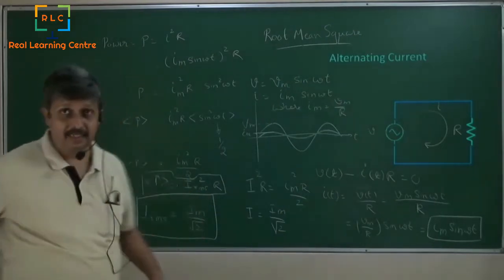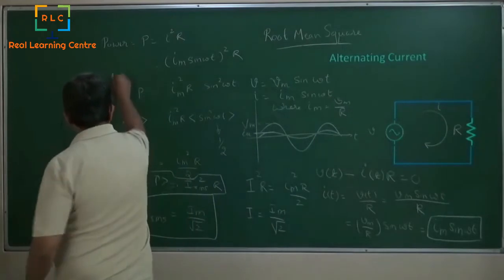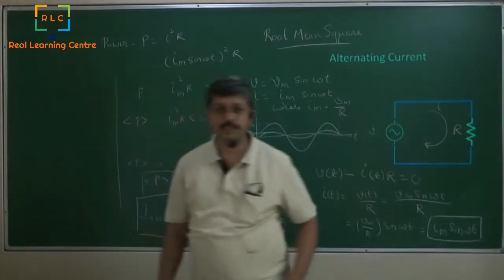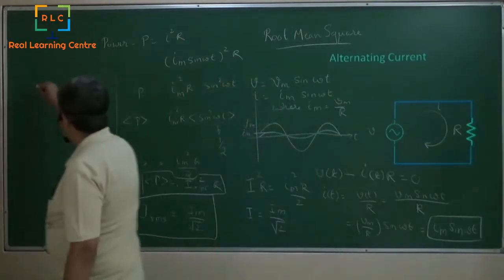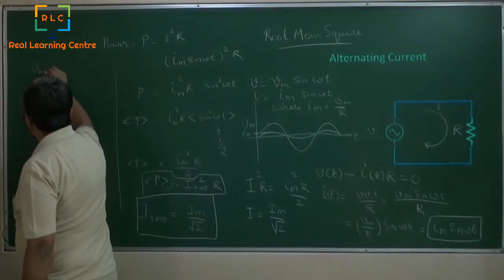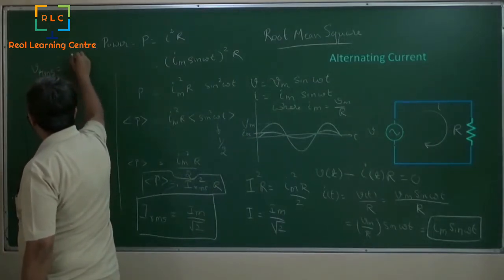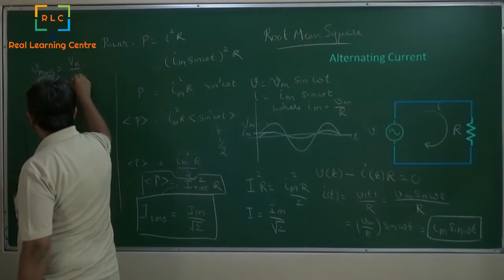Similarly, for example in the case of voltage, V RMS is equal to Vm by root 2.